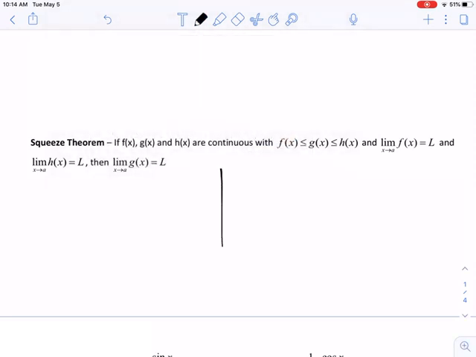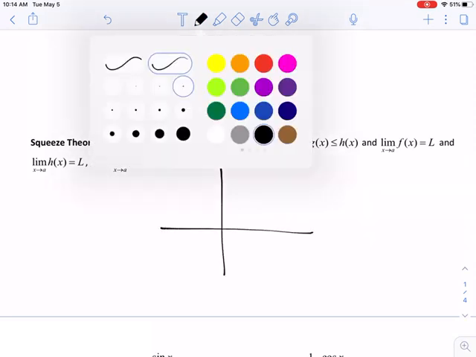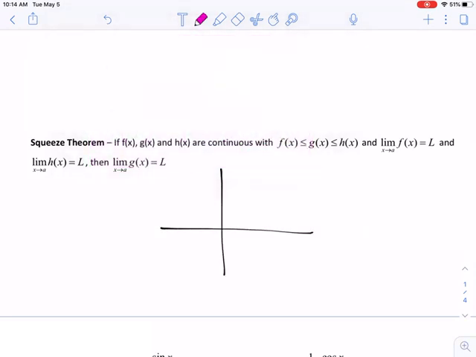So if we take a look at this graphically, here's my greater function. So here's my h of x. Here's my lesser function, my f of x. And let's say that here's our point, our x-coordinate of A. So at A, h of x is greater and f of x is less.